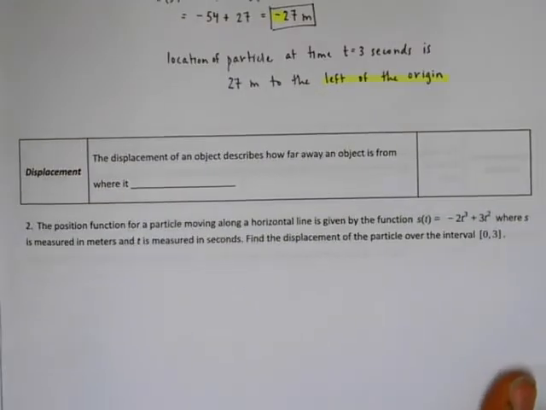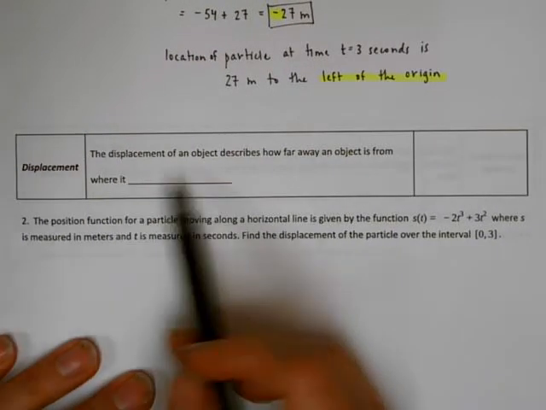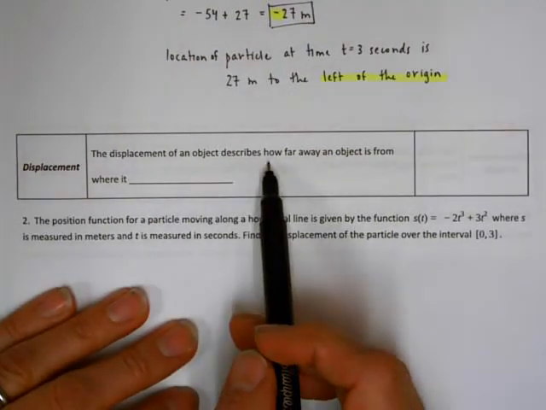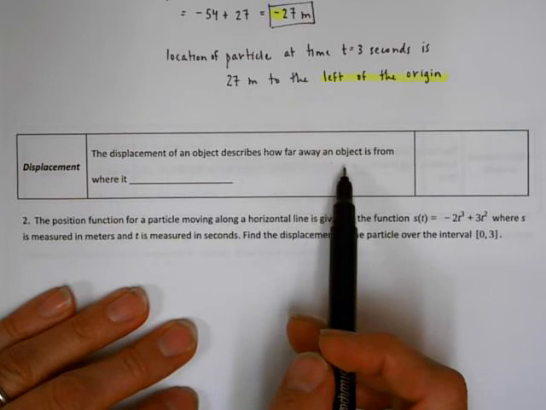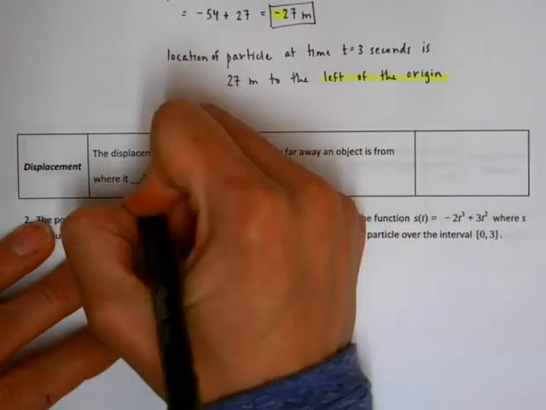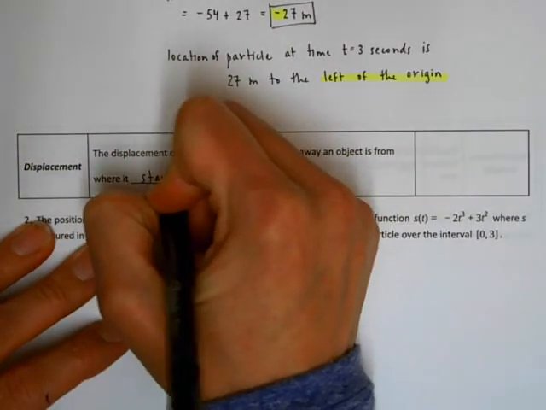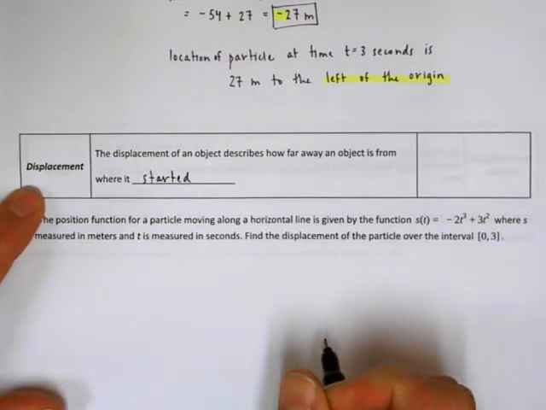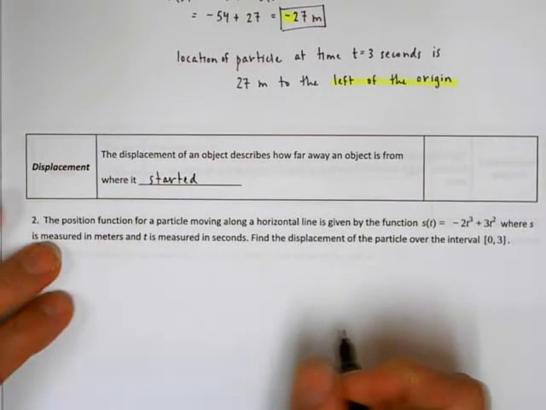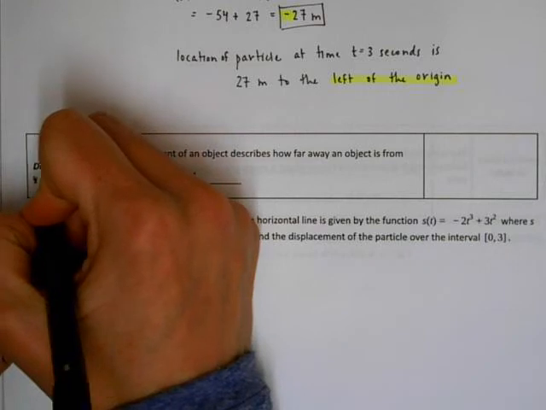Our next term that we need to be familiar with is displacement. The displacement of an object just describes how far an object is from where it started. With displacement, we're always going to be looking at the displacement over an interval.